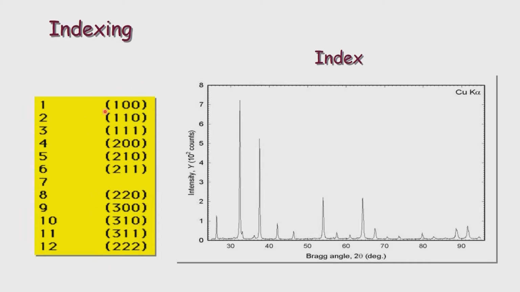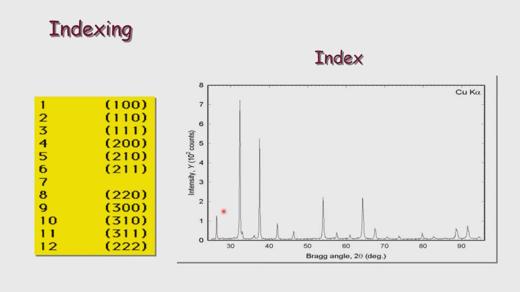If you have a simple cubic system, you have the formula h square plus k square plus l square, and you are dividing this by a square to get the value of d of HKL. What you get from the experiment is the I versus 2 theta. From 2 theta you calculate sin theta, and then 2d sin theta equals lambda will give you the d values. Those d values you now associate with these planes.